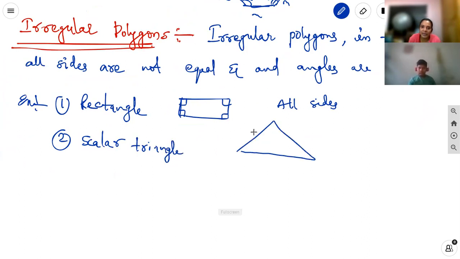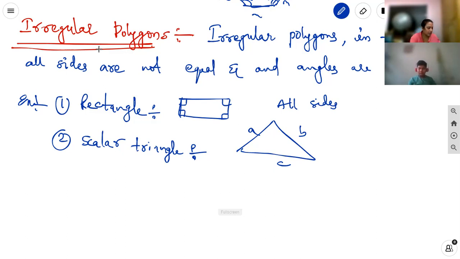Here different A, B, C, different sides, different angles. Just remember, regular means sides should be equal, angles should be equal. Irregular means sides are not equal, angles are not equal, or either of the cases is satisfied.